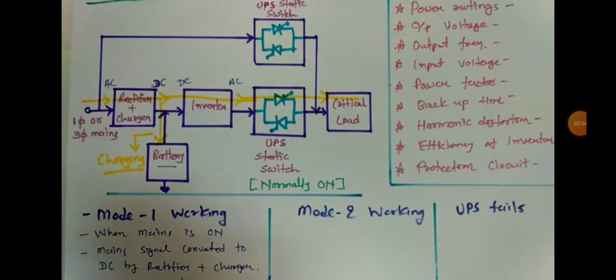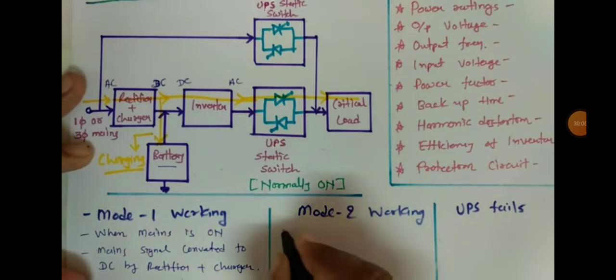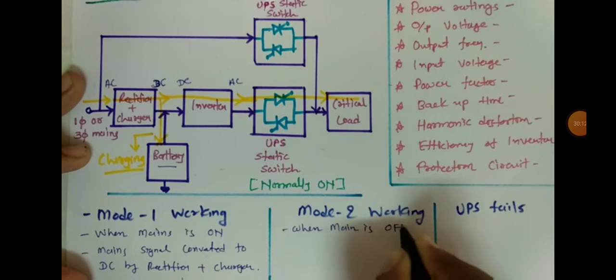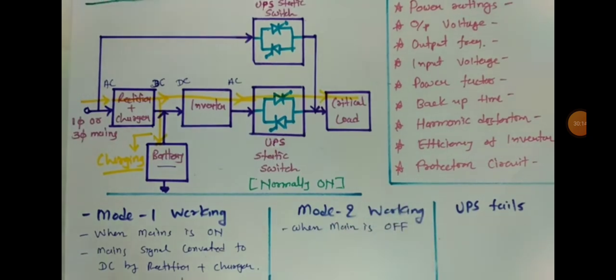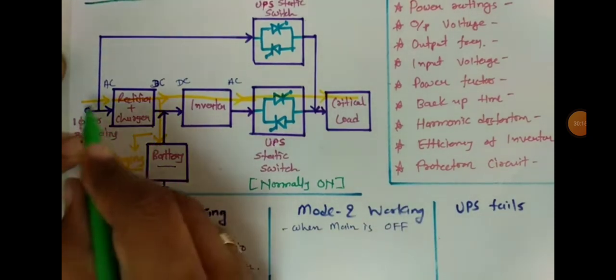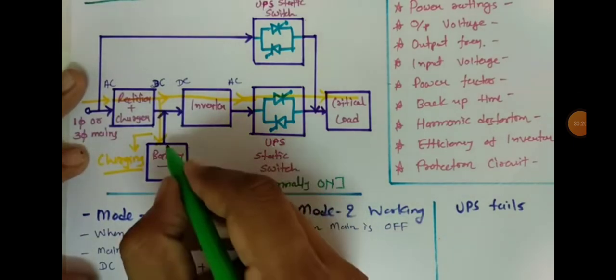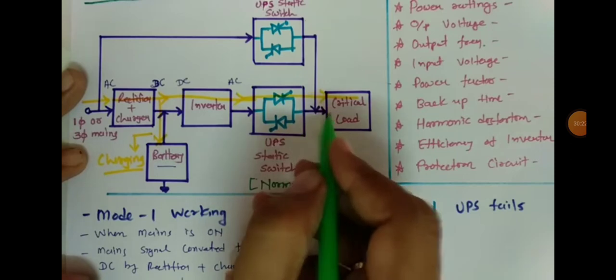Now the second mode of operation. The second mode is when mains is off. When mains is off, it means power supply is not available. When power supply is not available, at that time the battery will provide backup to the critical load.